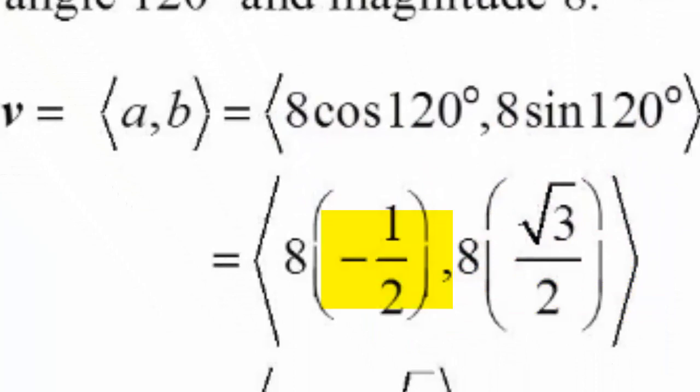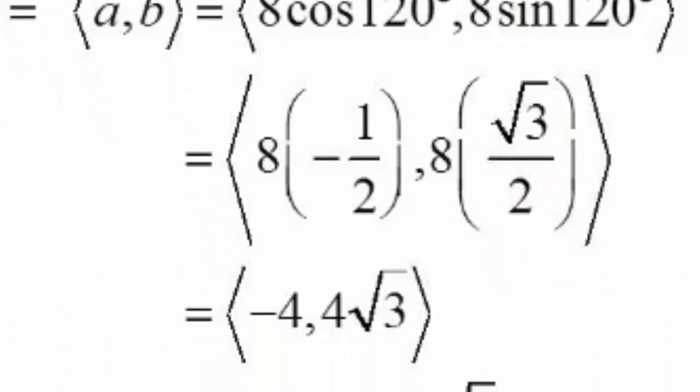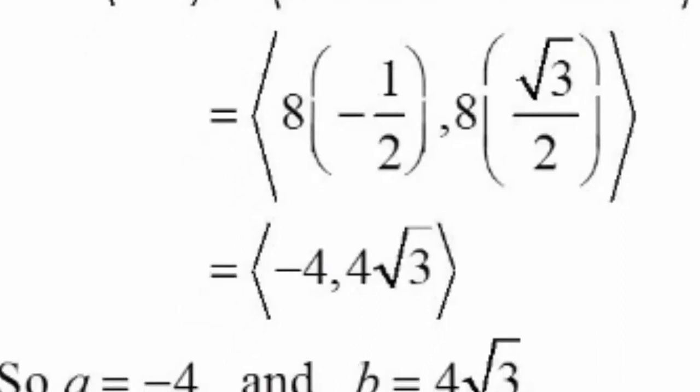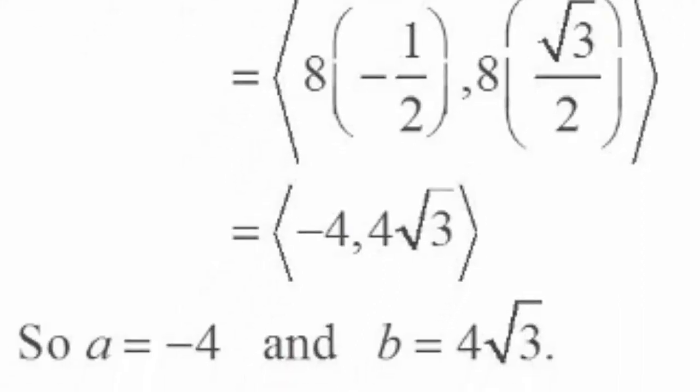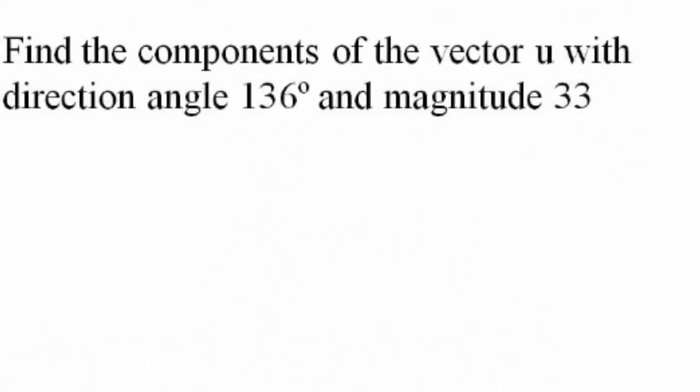Cosine of 120 degrees is negative 1/2. Sine of 120 degrees is square root of 3 over 2. So 8 times negative 1/2 is negative 4, and 8 times the square root of 3 over 2 is 4 times the square root of 3. So a will be equal to negative 4, and b equals 4 root 3.